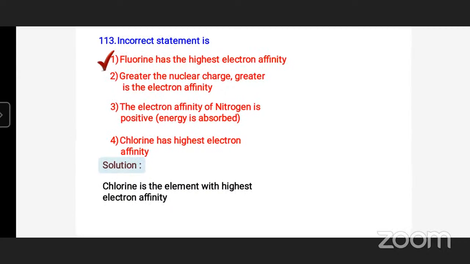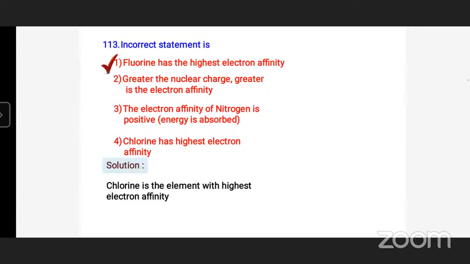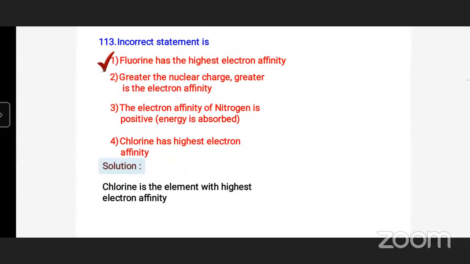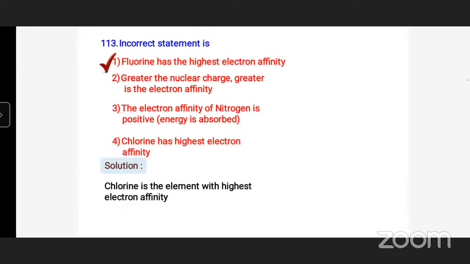So the incorrect statement is that fluorine has the highest electron affinity. Chlorine is the element with the highest electron affinity.